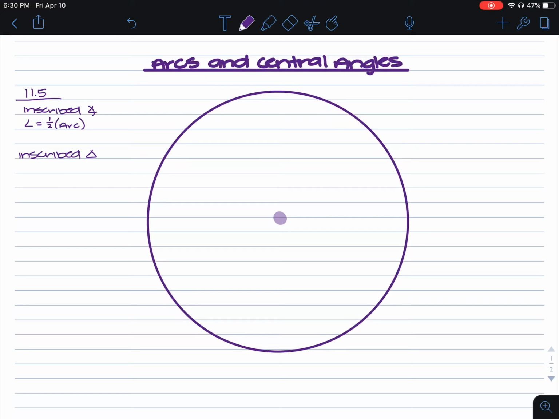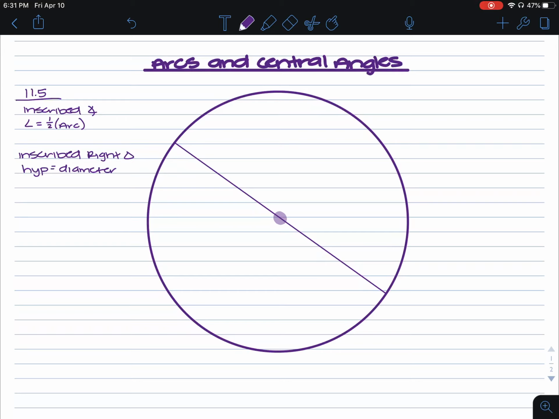We talked specifically about inscribed right triangles. Let's note that my hypotenuse equals my diameter. And diameter, we know, goes from one end of the circle to the other, but has to go through the center. So there's my example of my diameter.